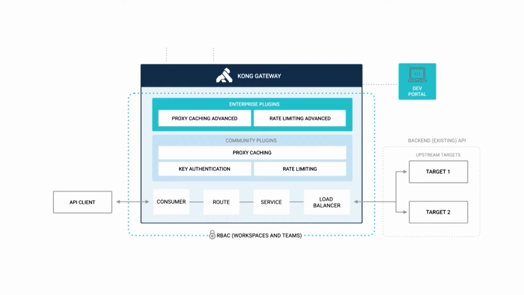It can create consumers, routes, and services, and it can serve as a load balancer to multiple upstream targets. What's really great about this product is that it allows you to choose which plugins to use, so you can configure the server in exactly the way you would like.